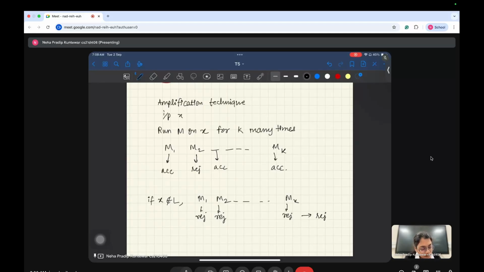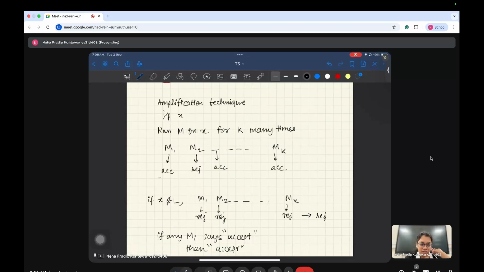But if any Mi says accept, then we are going to accept. So we look at all the runs. If any one of them says accept, we accept. Otherwise, we reject.